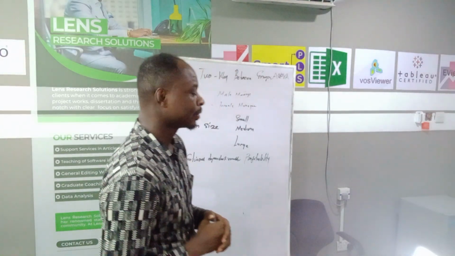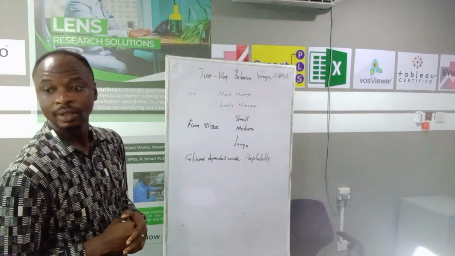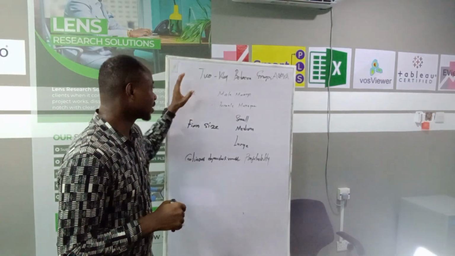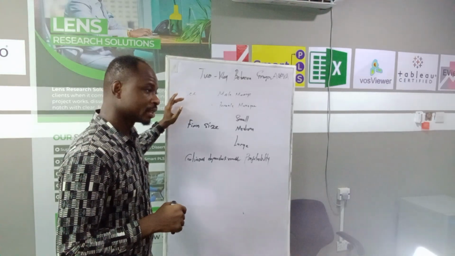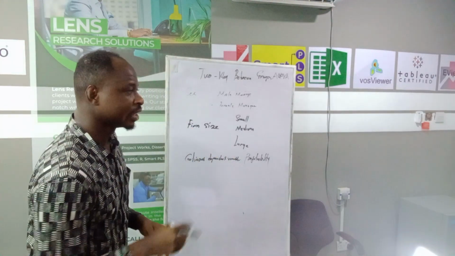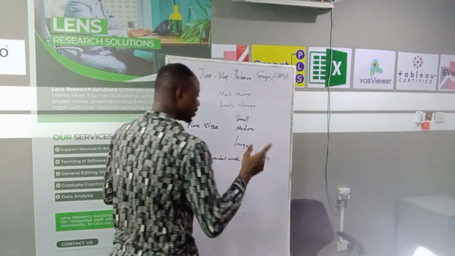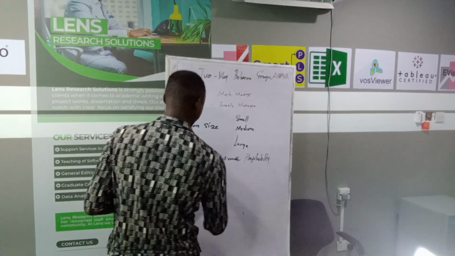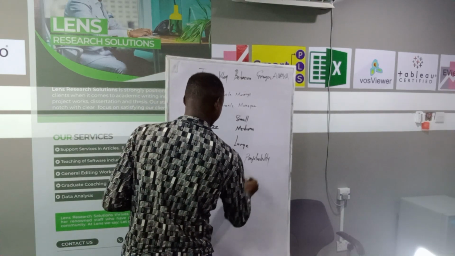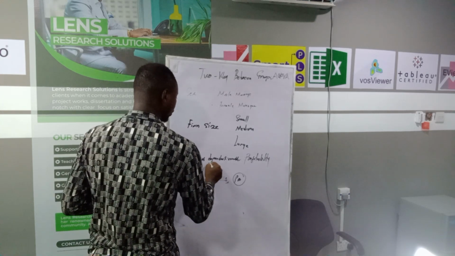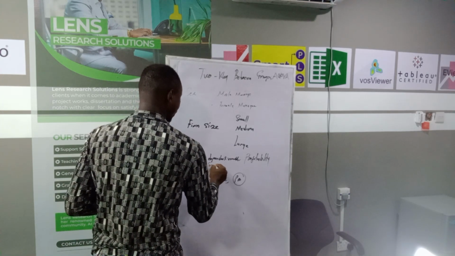So in this scenario, what we are going to look at is how firm size predicts what? Profitability. Then we try to moderate with what? Sex.